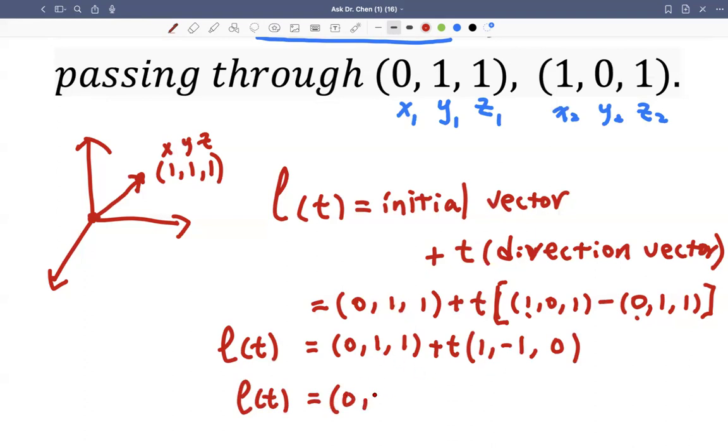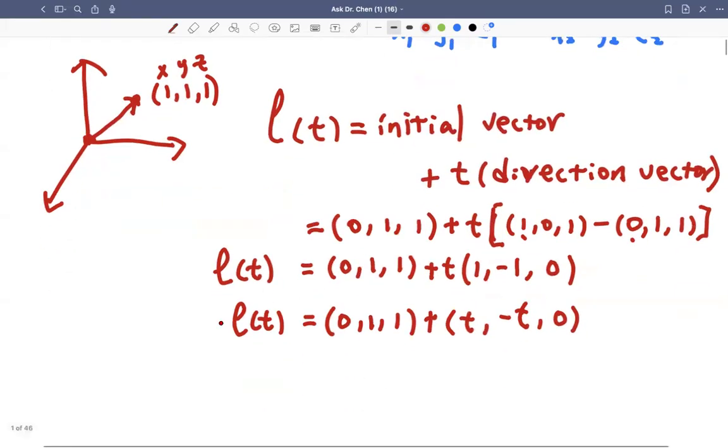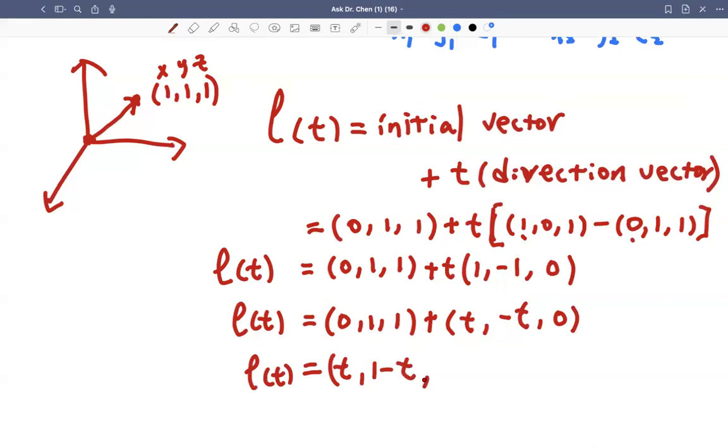First, t is a real value, a scalar, so we can multiply it into each component of this vector. 1 times t gives t, negative 1 times t gives negative t, 0 times t is still 0. With these 2 vectors, we can add them component-wise. Adding 0 to t gives t. Adding 1 to negative t gives 1 minus t. Adding 1 to 0 still gives 1.